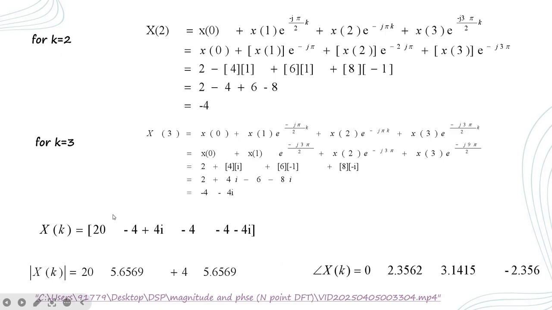And angle, so for this angle is 0. For the second term the angle is 2.3562, this is in radians. And for minus 4 you have 3.1415. And for this last minus 4 minus 4i you are having minus 2.356. Okay, so now how you calculate this in your calculator, I'll show you. Just see this.